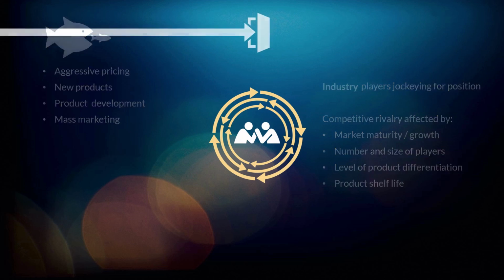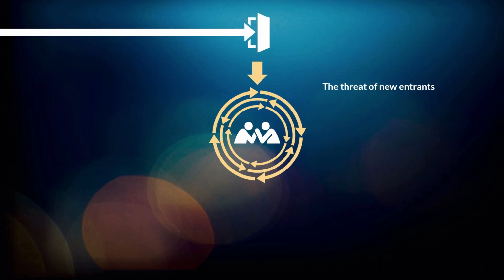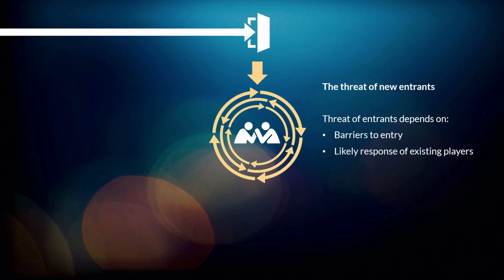But competition goes beyond those direct competitors already active in the market. New players in the industry will change market dynamics, putting downward pressure on prices and profits. The threat of new entrants will depend on the barriers to entry and the likely response of existing players.